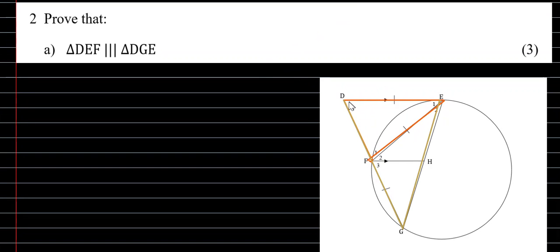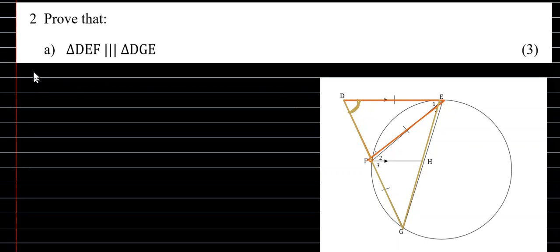So here you have two triangles, so you can see that D is the shared angle between these two triangles. So this angle between these two triangles is common, because triangle DEF is having that angle, and triangle DGE, it's having that same angle.